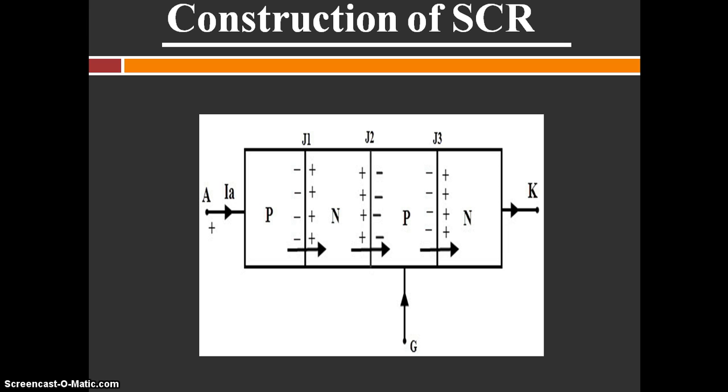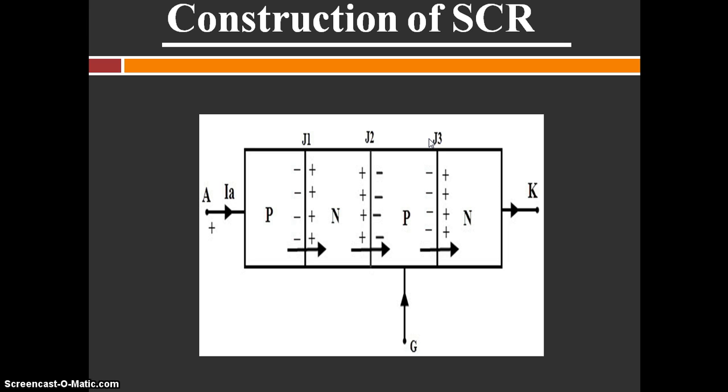Under this condition, junctions J1 and J3 are forward biased and junction J2 is reverse biased, so no current flows through it. When the gate is closed, junctions J1 and J3 are reverse biased and J2 is forward biased.